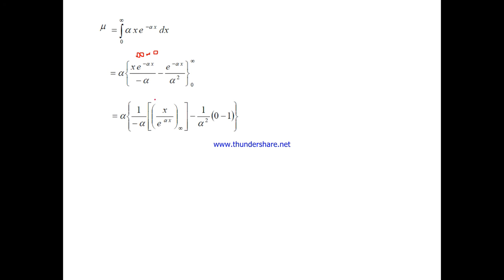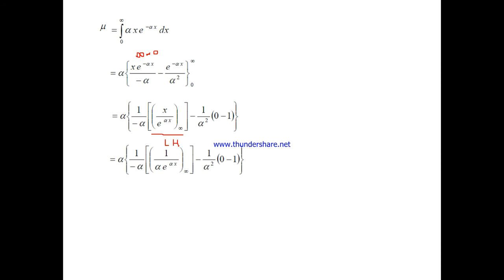Now what are we going to do here? To this, apply L'Hospital's rule. L'Hospital's rule is nothing but differentiate the numerator and the denominator separately. So when we differentiate the numerator and the denominator separately, numerator is going to be 1, denominator is going to be alpha into e power alpha x, and we end up with this.